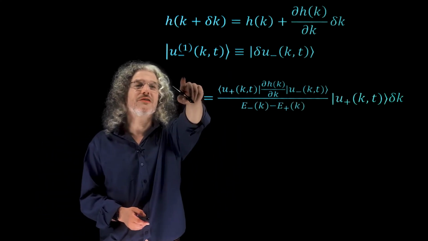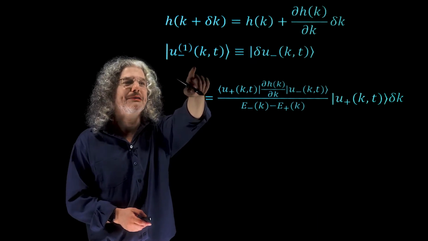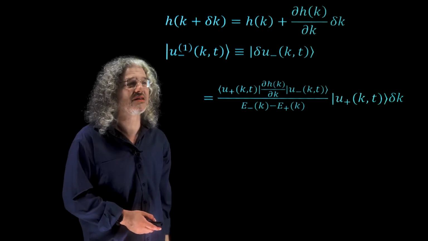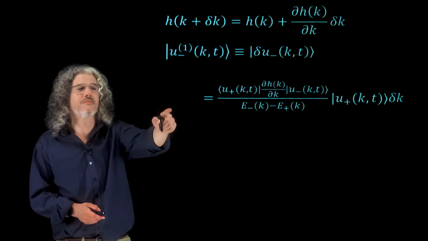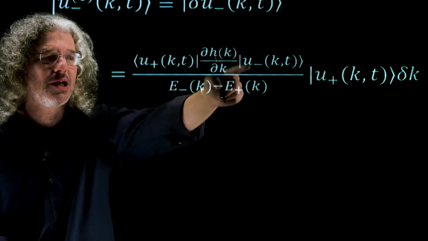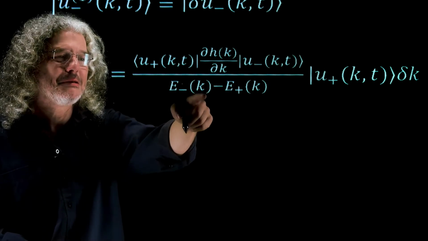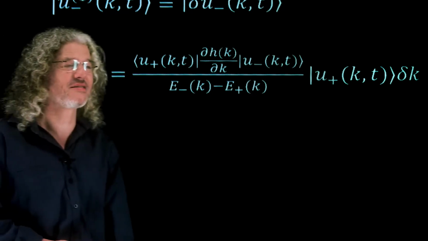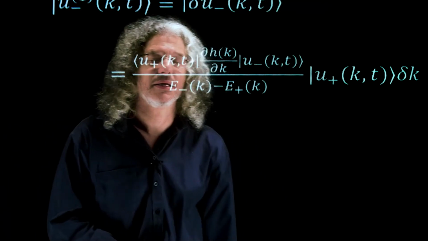The first order correction, linear in delta k, u1 of k and t, which I just defined as delta u minus of k and t, is given by u plus, dH/dk, u minus of k and t, divided by E minus of k minus E plus of k, times u plus of k and t, times delta k.